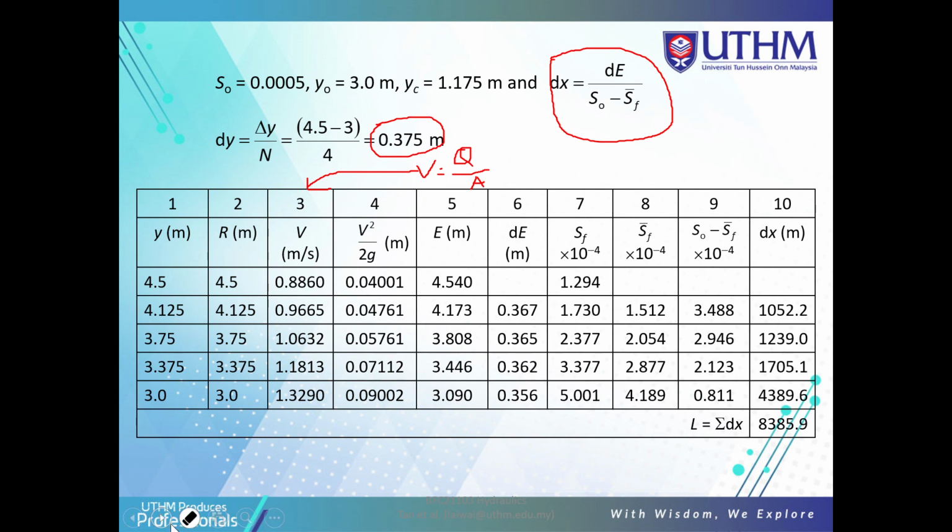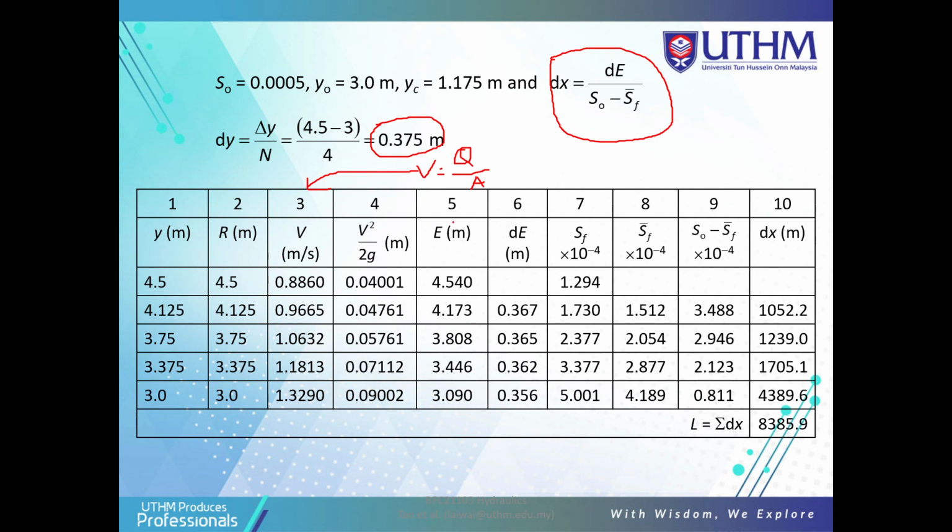Okay, after you get the V here, you use V squared over 2g. So you just calculate at the fourth column, V squared over 2g, so you get this value.